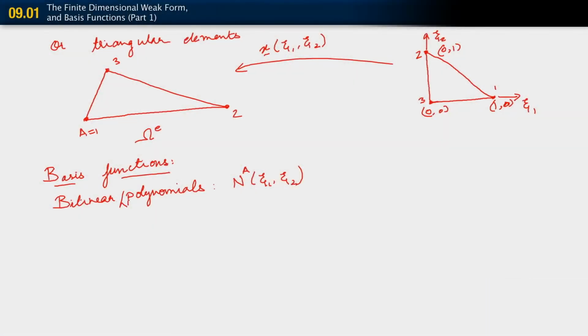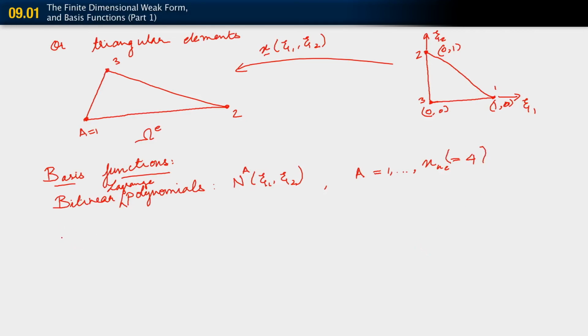So these are bilinear Lagrange polynomials. In this case, A runs over 1 to number of nodes in the element, and here number of nodes in the element is 4.